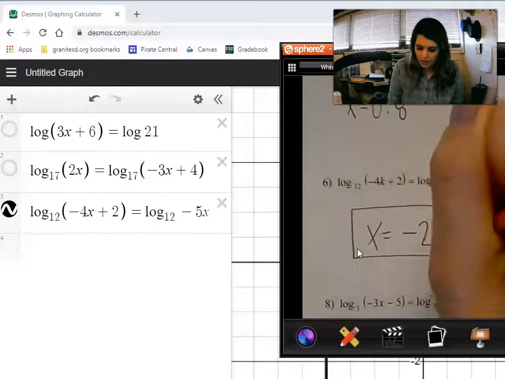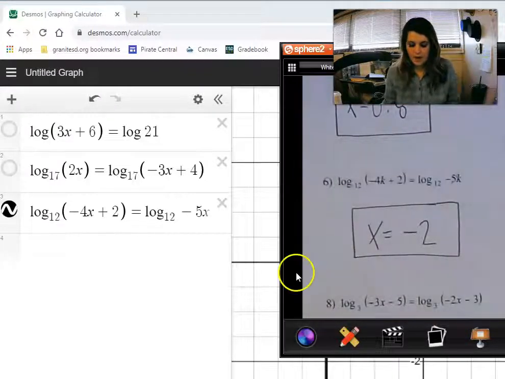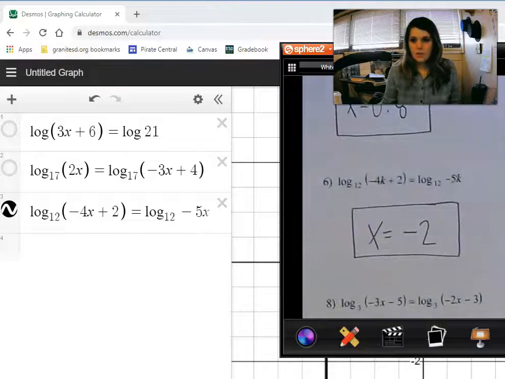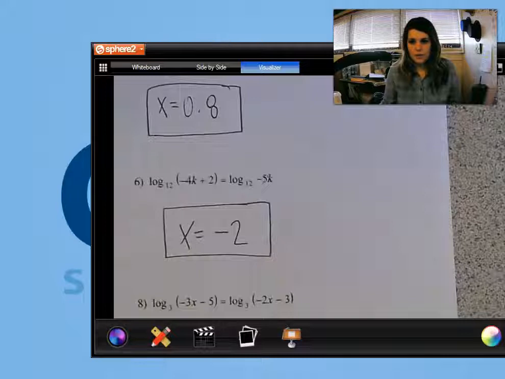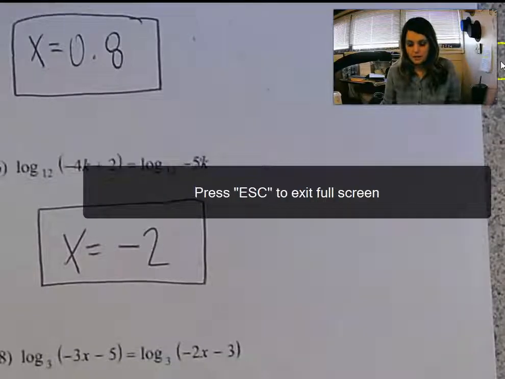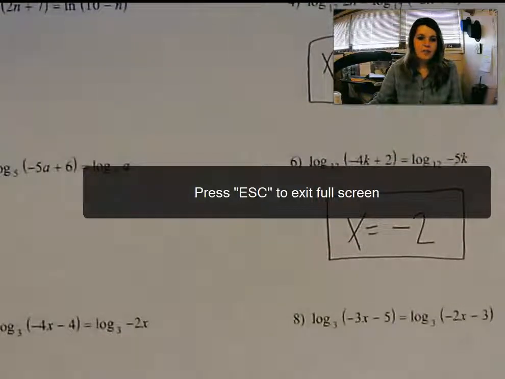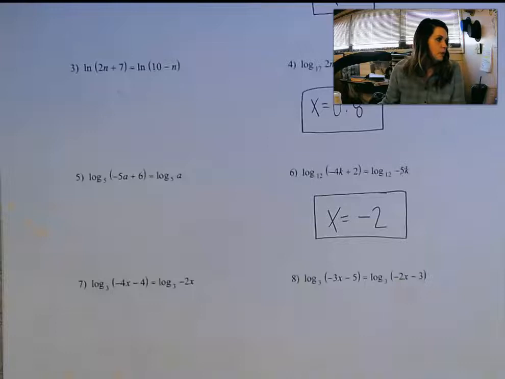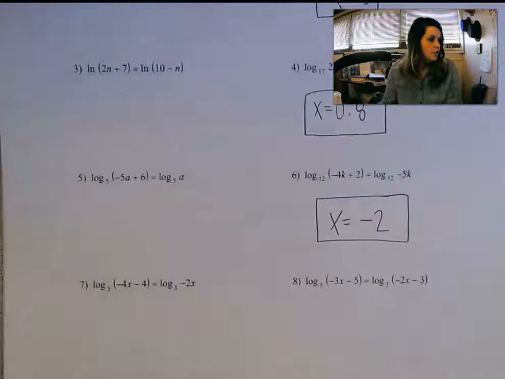Okay, let's have you guys try number 5 without me. So I'm going to move my Desmos over, and I want you guys to try number 5, just so that you can verify that you can get the right answer. I'm just going to be plugging mine into Desmos, while you are hopefully plugging yours into Desmos.